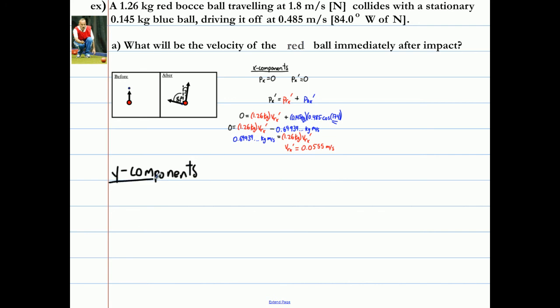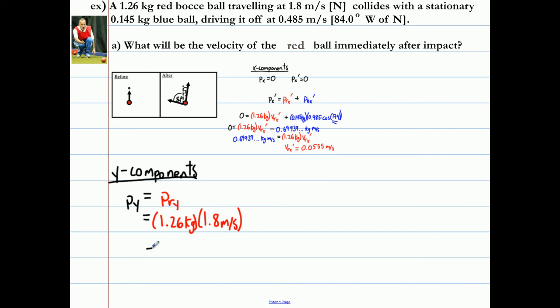So what we have initially in the y direction for the momentum before the collision, all the momentum is found in the red ball. So initially the red ball is all y component. So the mass of the red ball is 1.26 kilograms multiplied by the initial speed of the red ball, 1.8 meters per second.